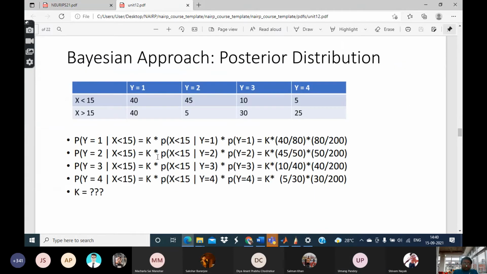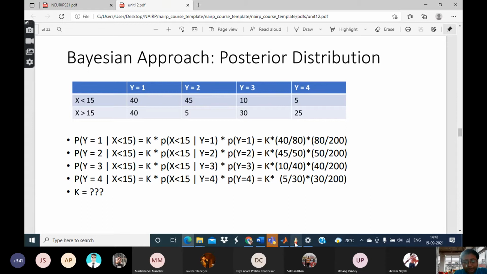So now, these are the posterior distributions which we are trying to find out. Like these kinds of things. Now, if you have to calculate the probability of y equal to 1 given x is less than 15, you apply the formula. What is the formula saying?